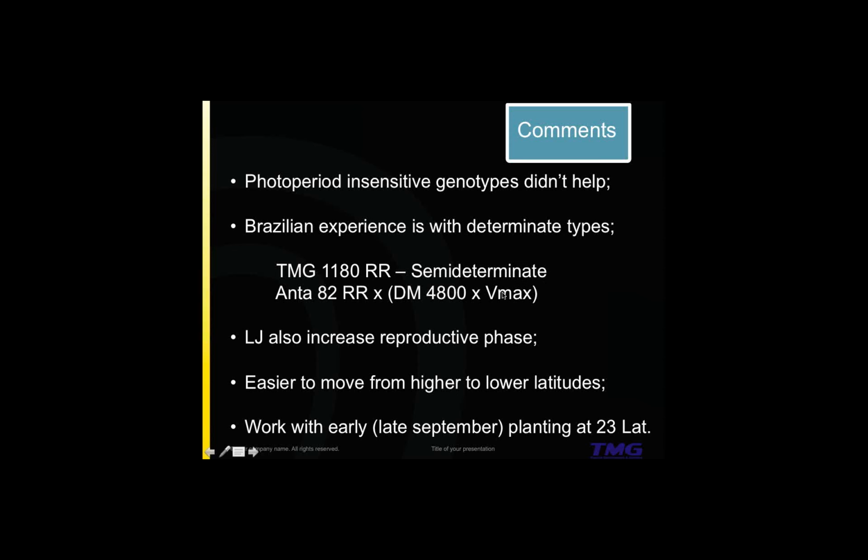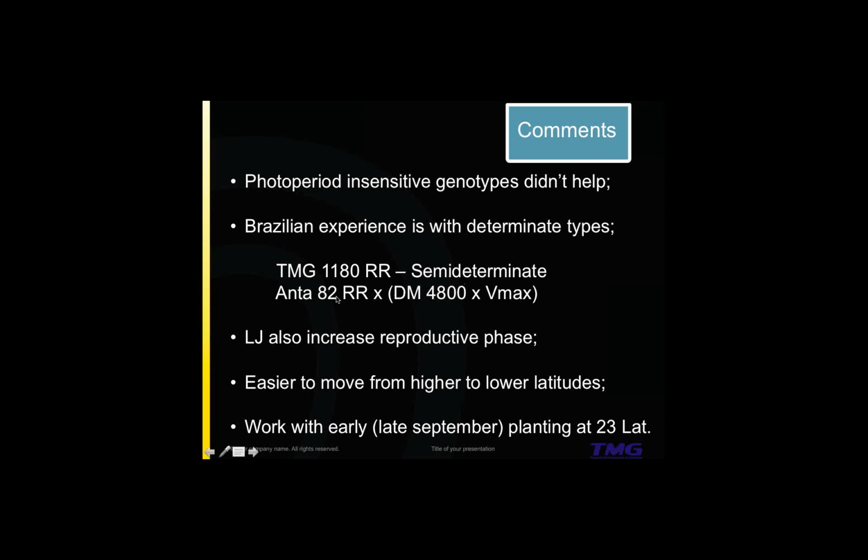So I'm illustrating this, I'm bringing this example just to give the idea that we know almost nothing about the behavior of these indeterminate or semi-determinate types here in Brazil.